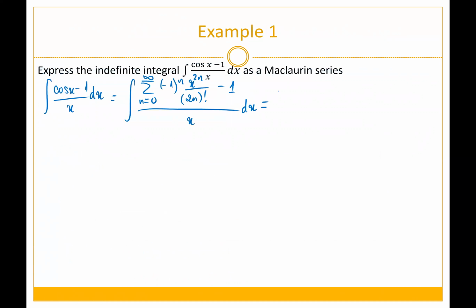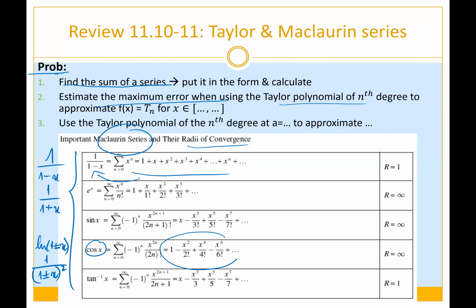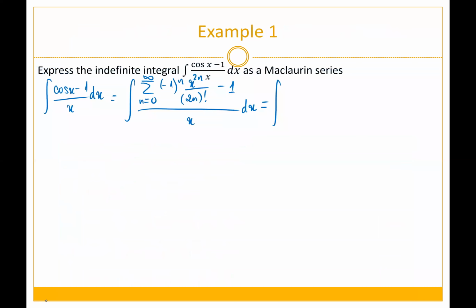Now what does this thing equal? If you expand a few terms, you're gonna see that it's 1 minus x squared over 2 factorial plus x fourth over 4 factorial minus x to the 8 over 8 factorial, until the nth term, and then you have minus 1 over x dx.